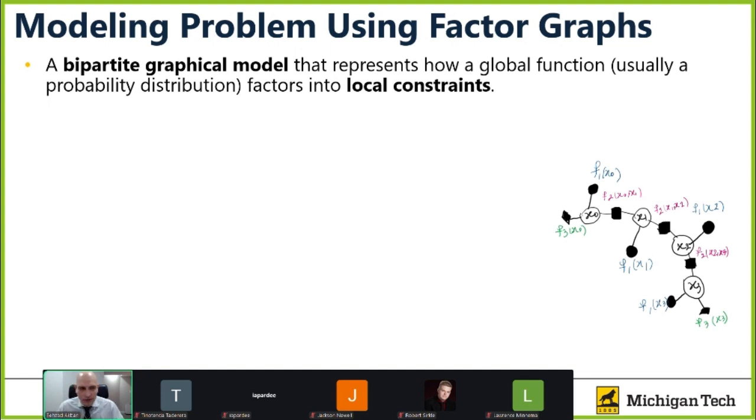So in this picture, you can see that x0, if it's the position of, for example, a robot at time 0, is related to factors f3 x0, and f2, x1 and x2. So it's related to these factors, not more, just related to that.